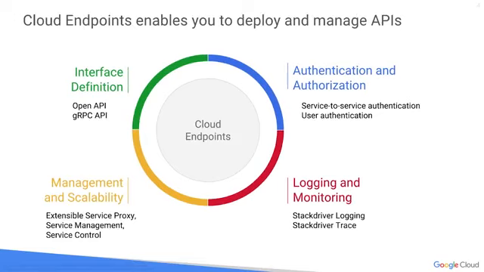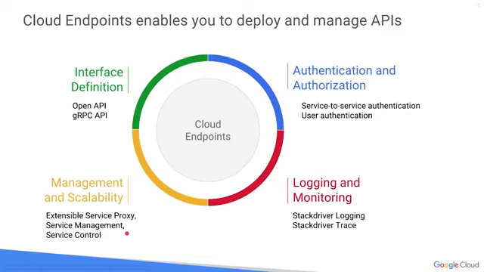Cloud Endpoints provides the infrastructure support that you need to deploy and manage robust, secure, and scalable APIs. Cloud Endpoints supports the Open API specification and gRPC API specification. Cloud Endpoints supports service-to-service authentication and user authentication with Firebase, Auth0, and Google Authentication.